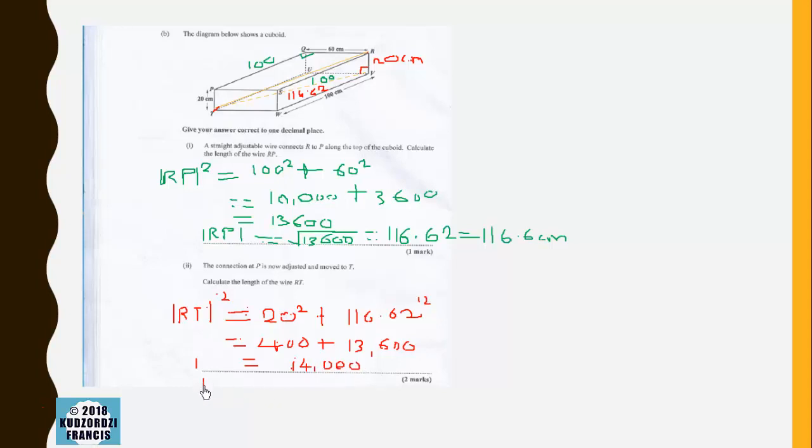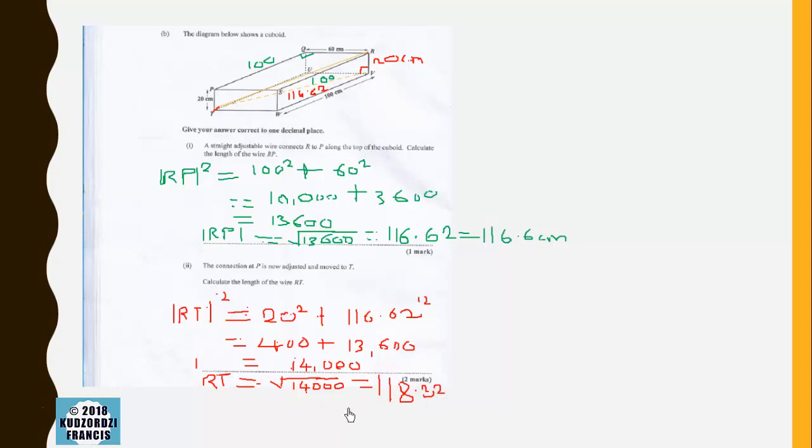So the length of RT now will be equal to the square root of 14,000, and this will be equal to 118.32.